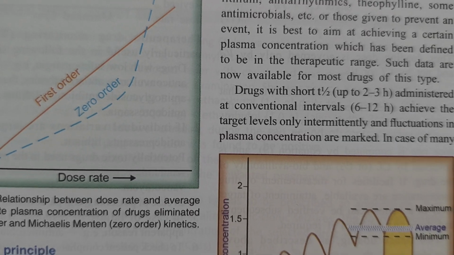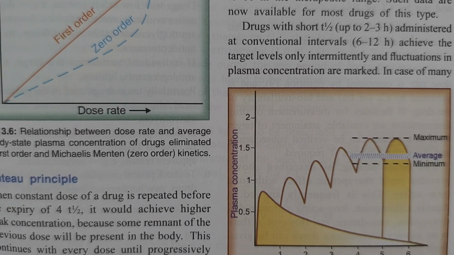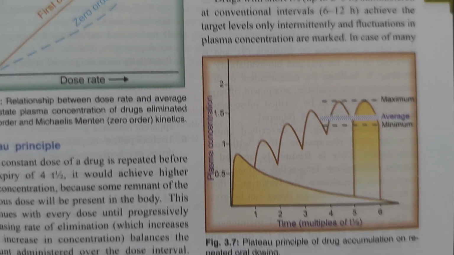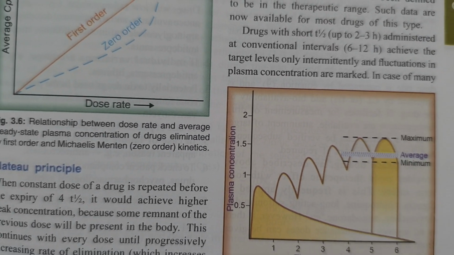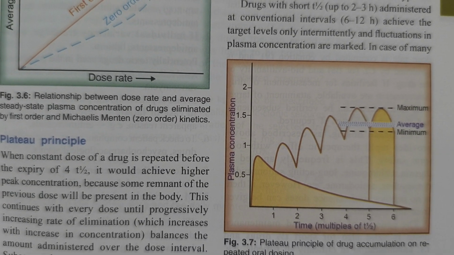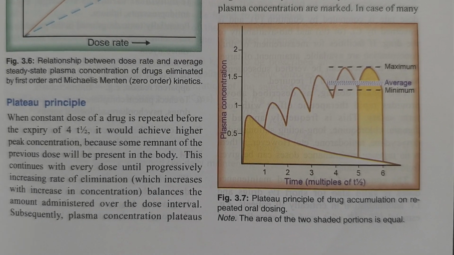Such data are not available for most drugs of this type. Drugs with short T-half, up to 2 to 3 hours, administered at conventional intervals of 6 to 12 hours achieve a target level only intermittently and fluctuations in the plasma concentrations are marked.